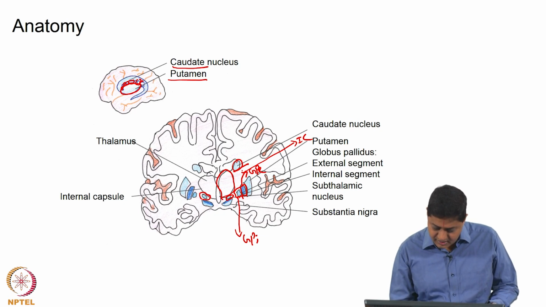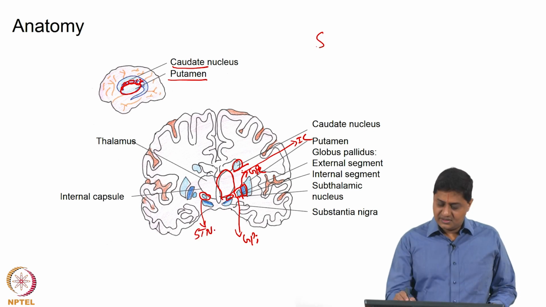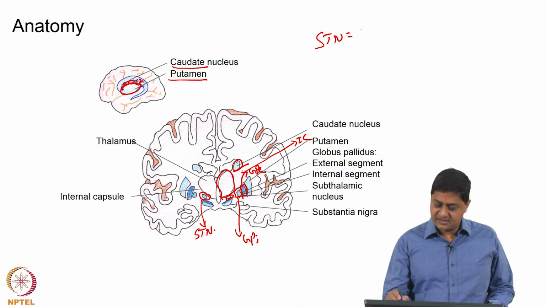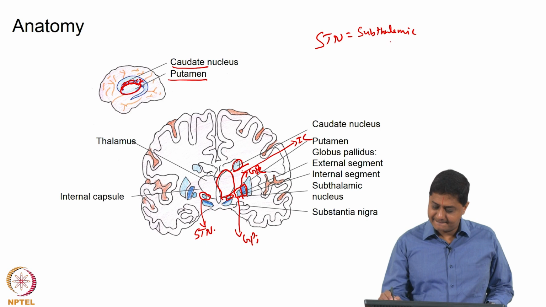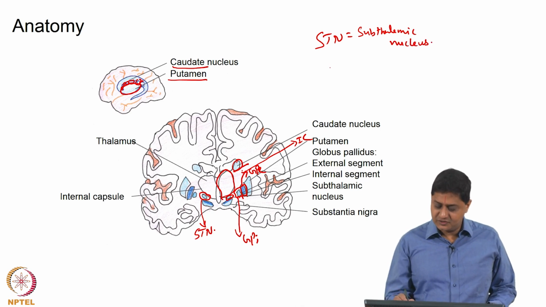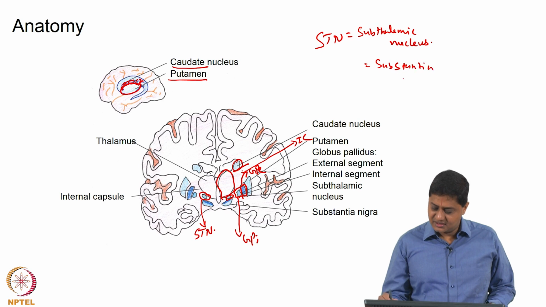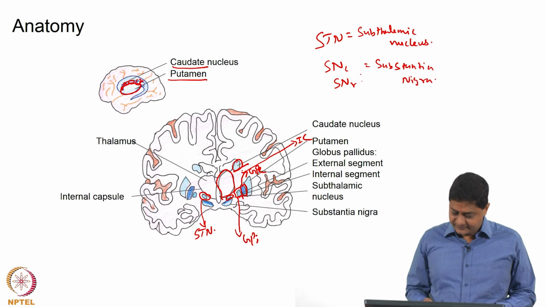This is called the subthalamic nucleus. Here I am using STN to refer to subthalamic nucleus. Sometimes this is also used to refer to substantia nigra, but in this class we will refer to subthalamic nucleus as STN and substantia nigra as SNC or SNR, okay, for clarity.